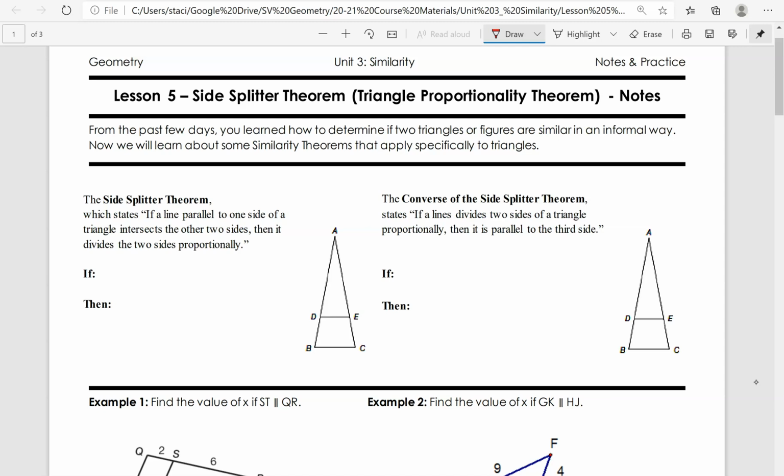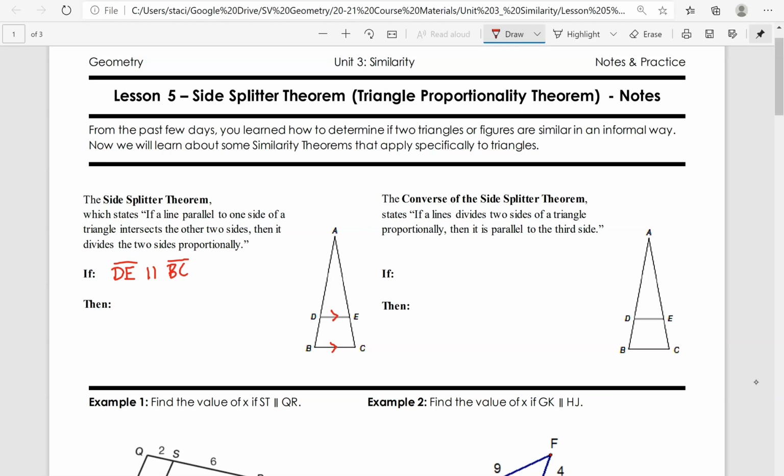The first one we're going to look at, and the only one we're going to look at in this lesson, is called the side splitter theorem. The side splitter theorem says that if a line is parallel to one side of the triangle, so if I know that DE is parallel to BC, then since DE is intersecting the triangle on both sides, it splits or divides those two sides proportionally.